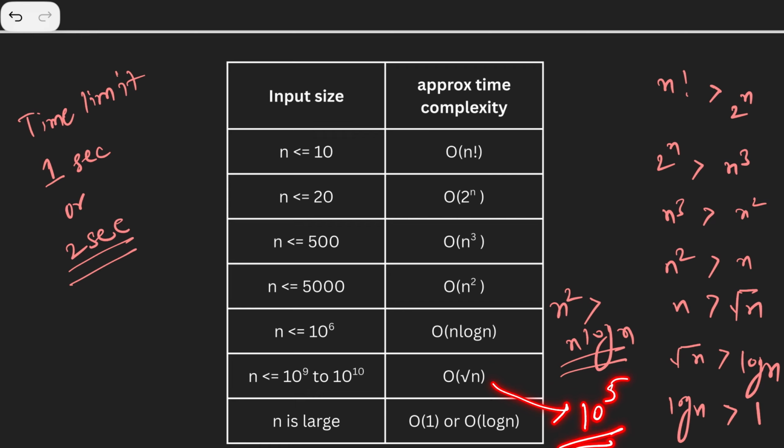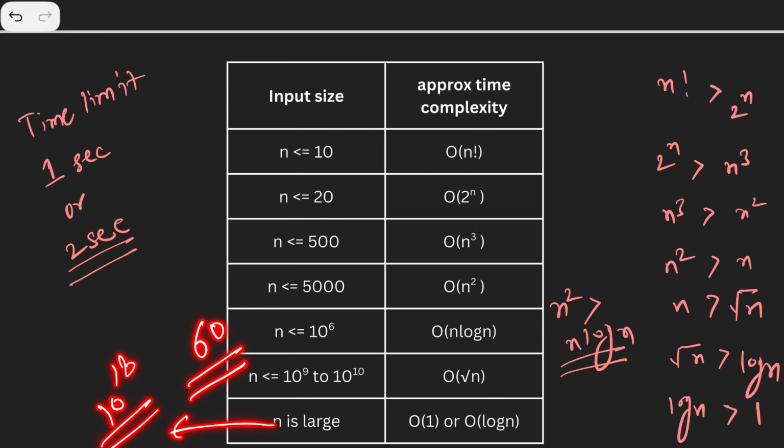And if n is very large, then you have to develop a solution in log n or in constant time. Our solution cannot be dependent on the value of n because the value of n is very large. So most likely you will develop a constant time complexity solution, or we can have log n as well. Let's say n is 10 to the power 18. Then log n base 2 is just going to be around 60 only.